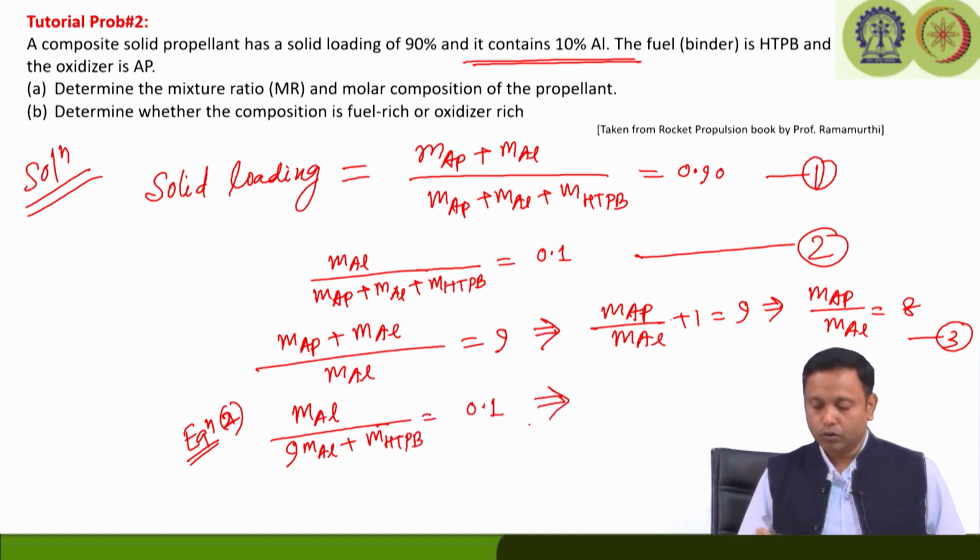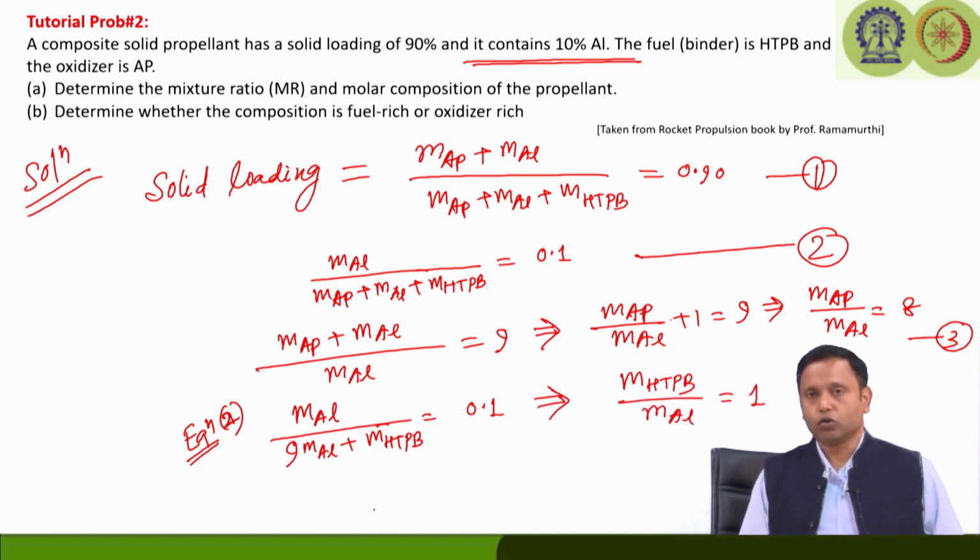If you now do this, you will end up getting mass of HTPB by mass of aluminum equal to 1. So, what does that mean? There is an equal proportion of the polymeric binder and the metallic fuel. It is like 10% aluminum and 10% HTPB.